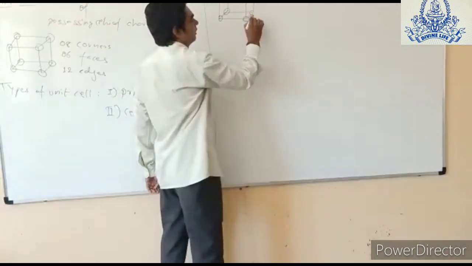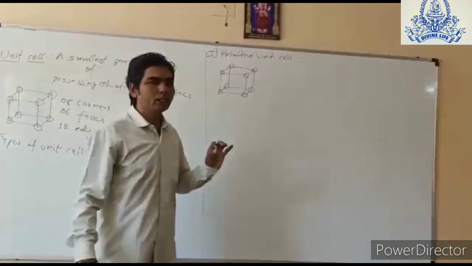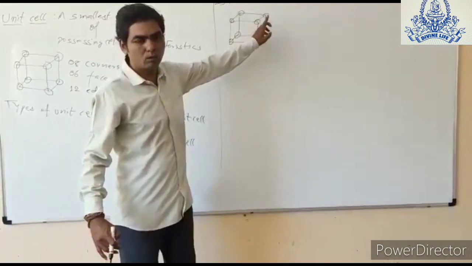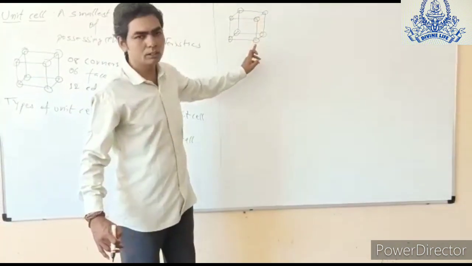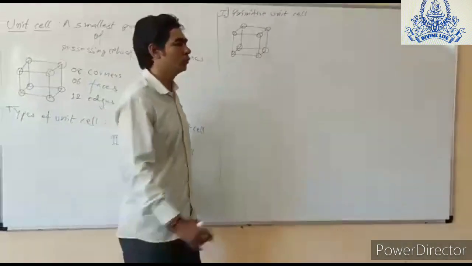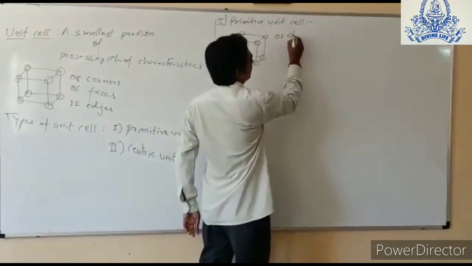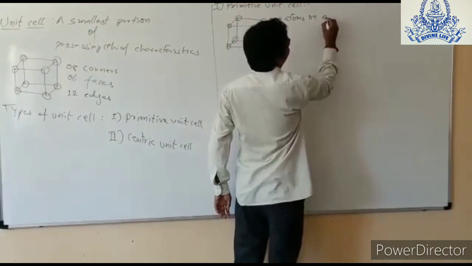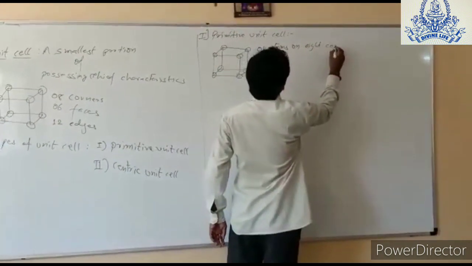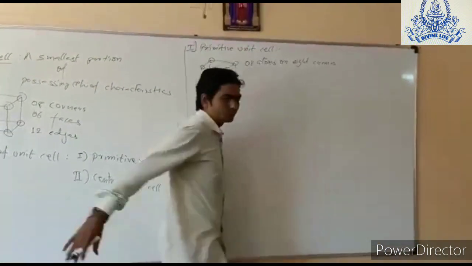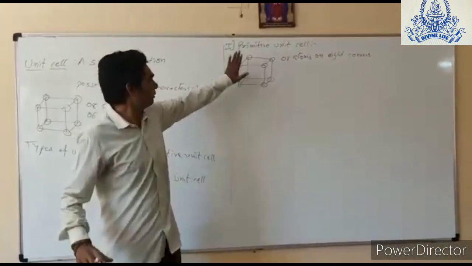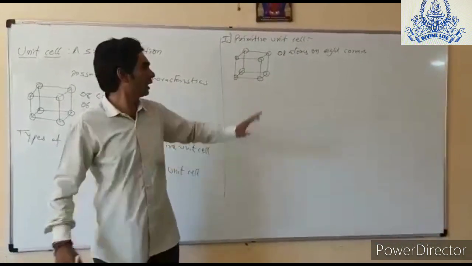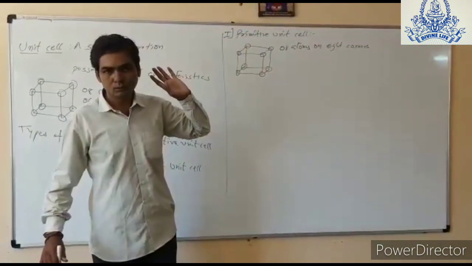So any unit cell consisting of 8 atoms or spheres on 8 corners is known as a primitive unit cell. Nothing else. A primitive unit cell is a simple cube, a cubic structure in which there are 8 atoms on 8 corners.